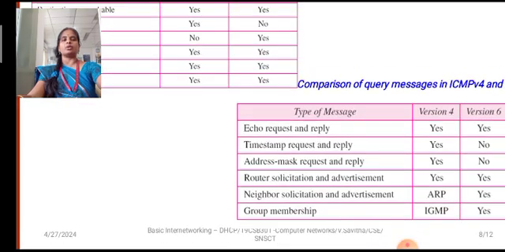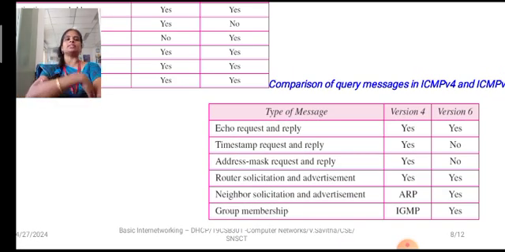Similarly for the query messages, in version 6 we don't have the timestamp request and reply and the address mask request and reply. Instead it supports group membership, because group membership was separately supported by the IGMP protocol, the Internet Group Management Protocol, and not explicitly by ICMP. In ICMPv6 it is supported implicitly in the same protocol.